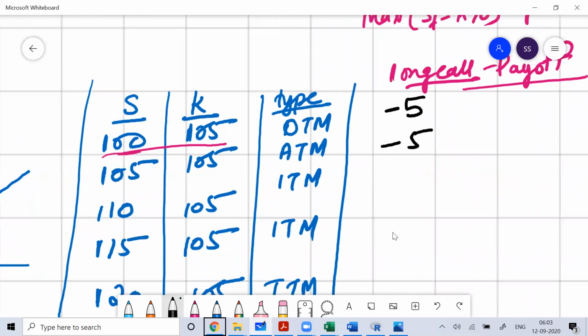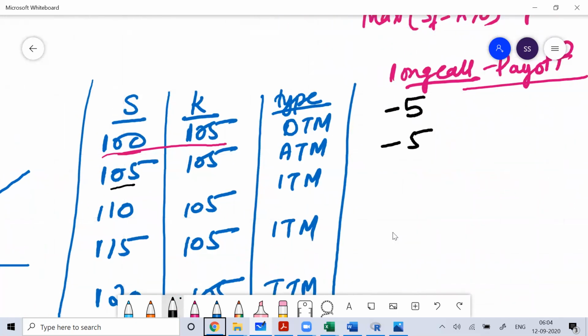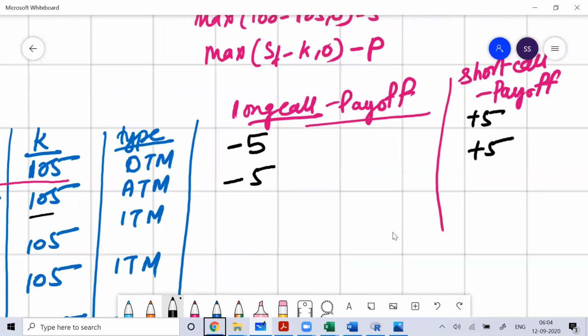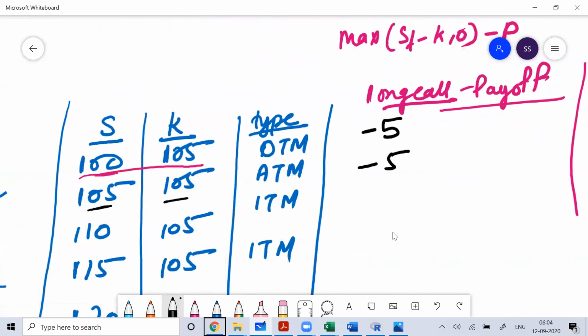At 105: 105 minus 105 is 0, and between 0 and 0, the bigger number is 0. Then 0 minus the premium. The premium was 5 rupees, so you lost the 5 rupees, while the other person would still be enjoying the premium.